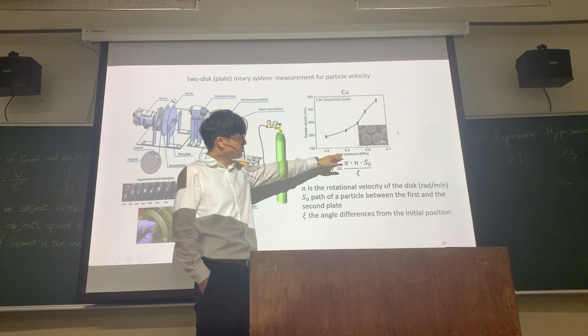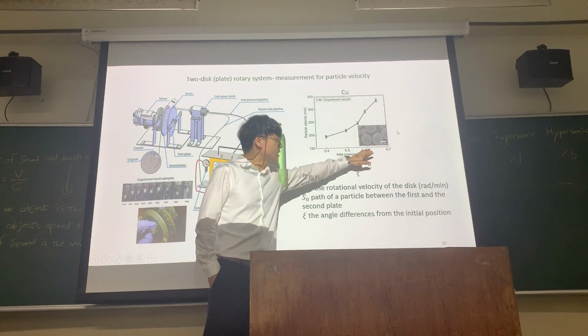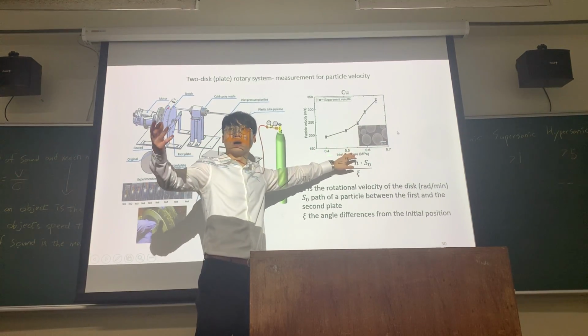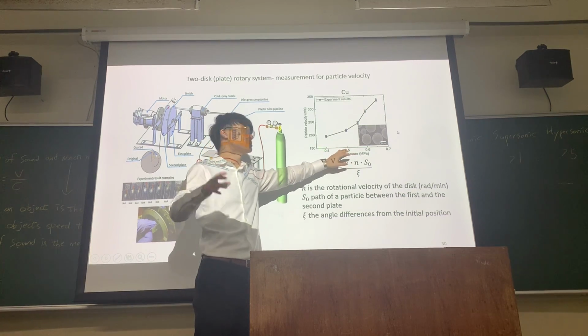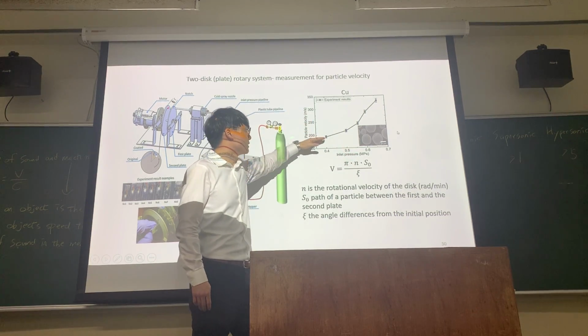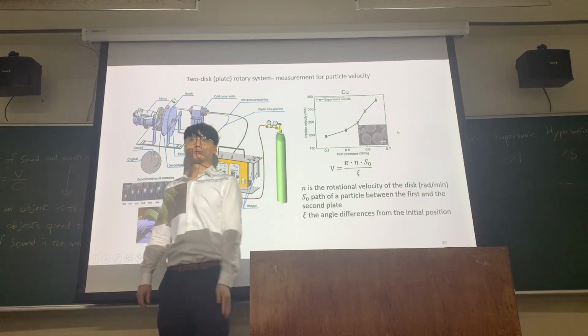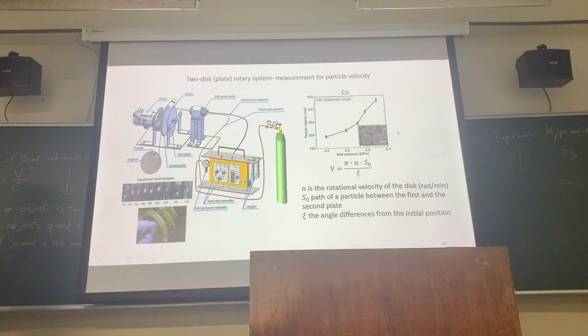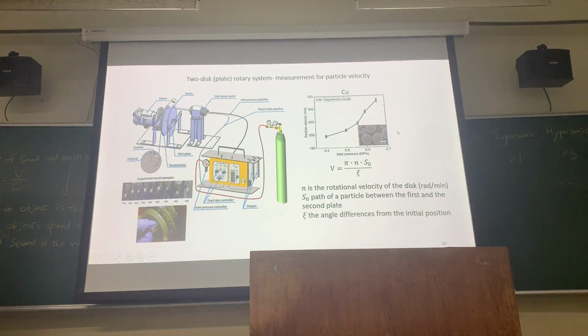So over here, very nicely, this is the inlet pressure that you usually put inside the system for cold spray, and then you can measure the particle velocity increasing exponentially, right? So there are many ways you can do it. You can use a high-speed camera, you can use a laser to do such a thing. But I think this is a very easy setup you can build in your lab to measure the particle velocity.